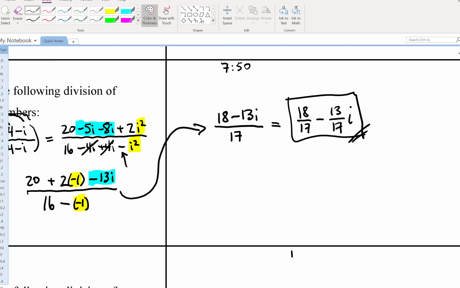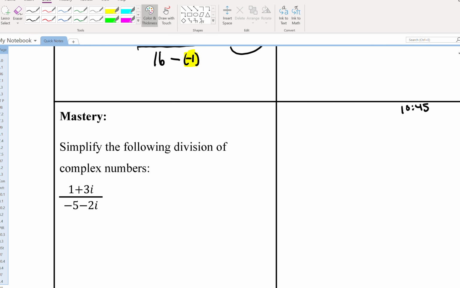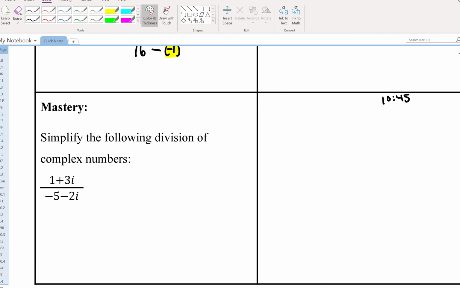All right. Let's go to this last one here, mastery here. Simplify the following division of complex numbers. Once again, we're going to multiply by the conjugate of the denominator, negative 5 minus 2i, so negative 5 plus 2i.